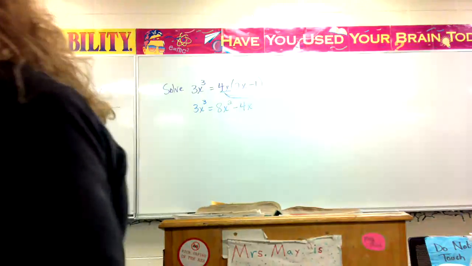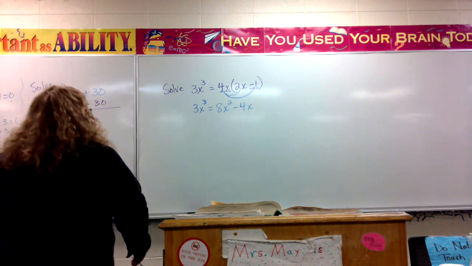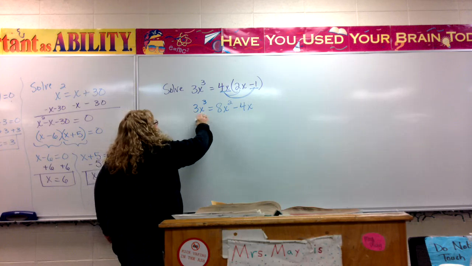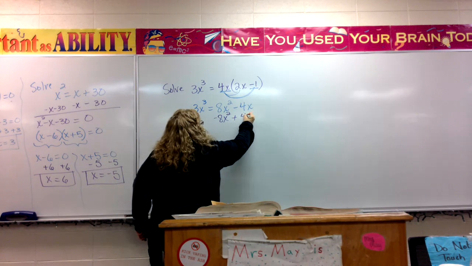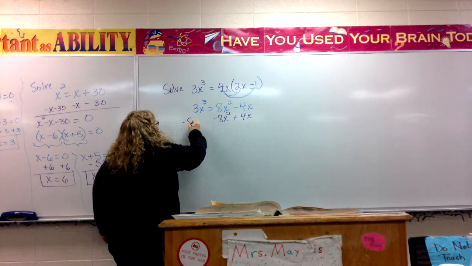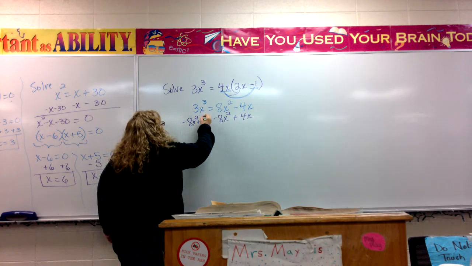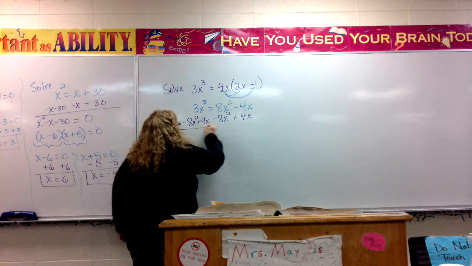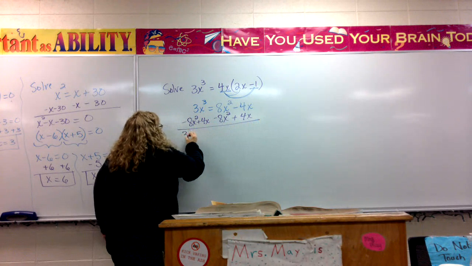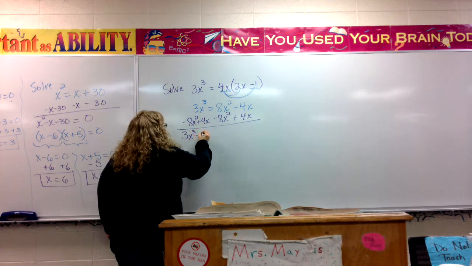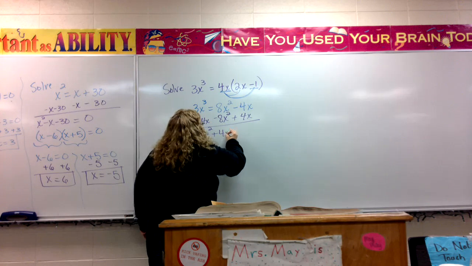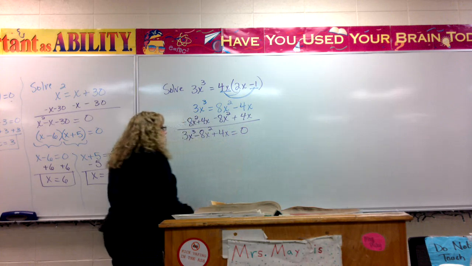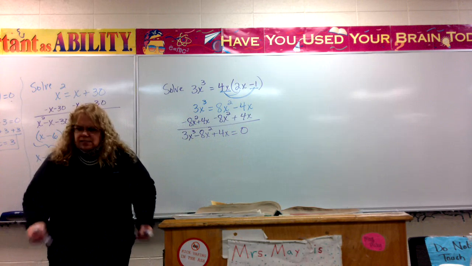I like the biggest power of x to be positive, so I'm going to get rid of the 8x squared and the 4x. So I have 3x to the third minus 8x squared plus 4x equals 0. Then what?